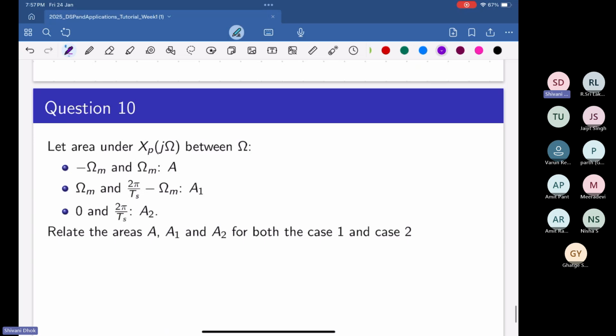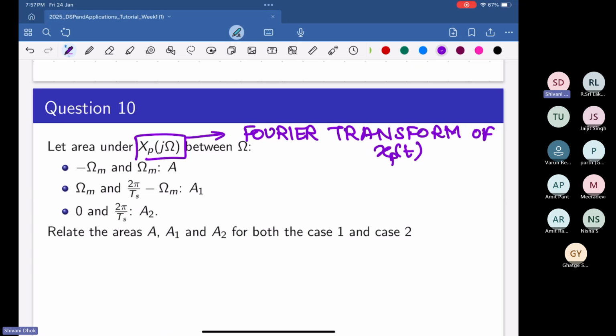So what is given to us is, let the areas under Xp of j omega, where this Xp of j omega is the Fourier transform of xp of t, be given for different regions. That is, from minus omega m to omega m as A, omega m to 2 pi by Ts minus omega m as A1, and 0 to 2 pi by Ts as A2.